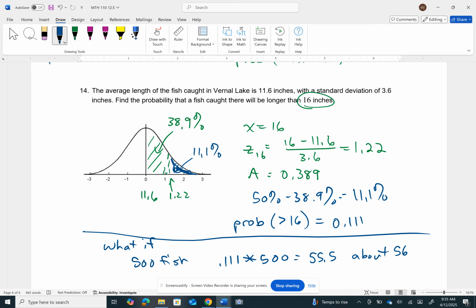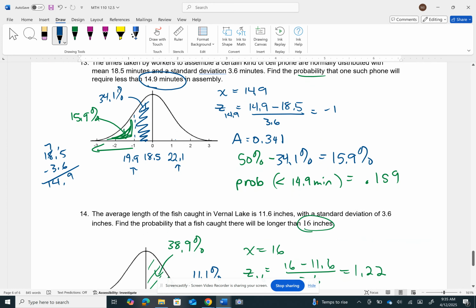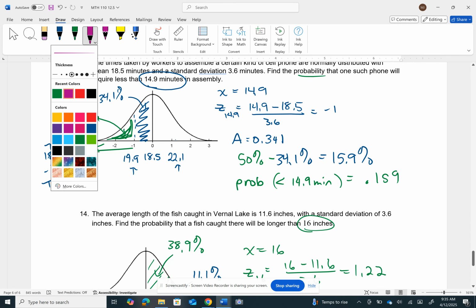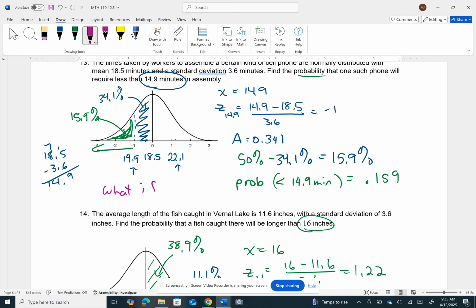All right, and then let me do another what if back on this one. So back here, the question was, find the probability a phone will require less than 14.9 minutes in assembly. What if they had wanted the probability that required more than 14.9 minutes? Well, we still have the information we need. It's just more than would have been from there all the way up. So see how on this side would be 50%? 50% would be more than the mean.